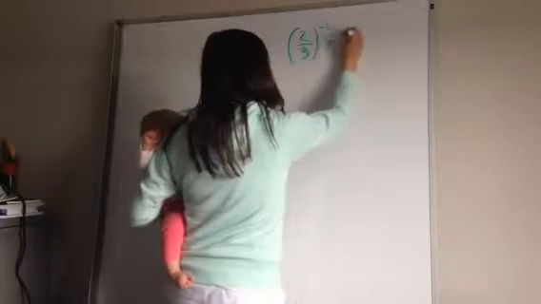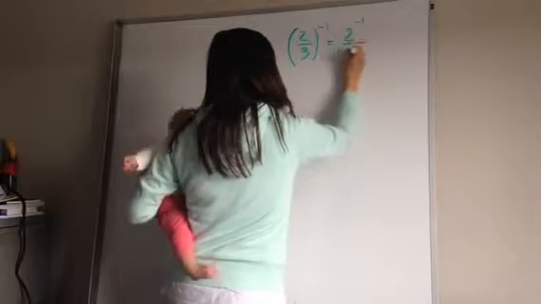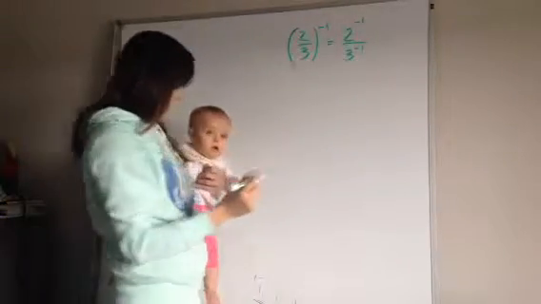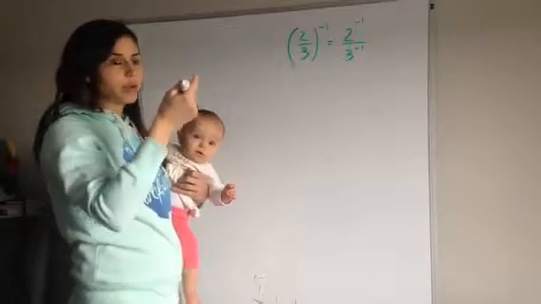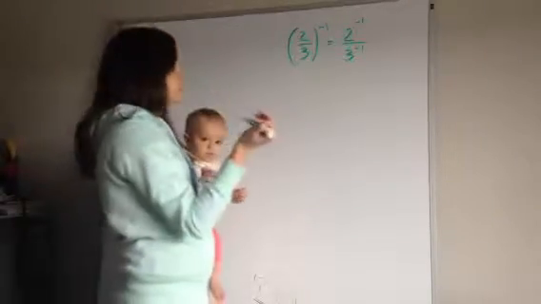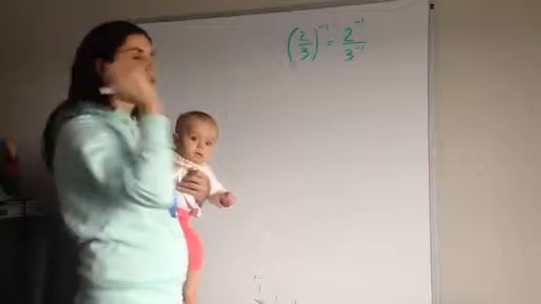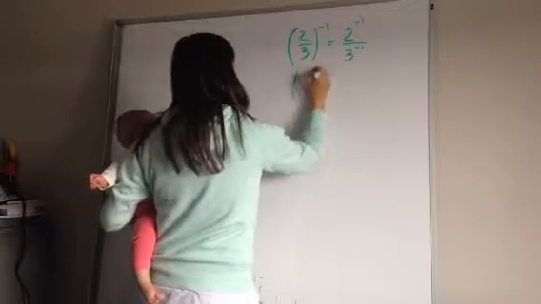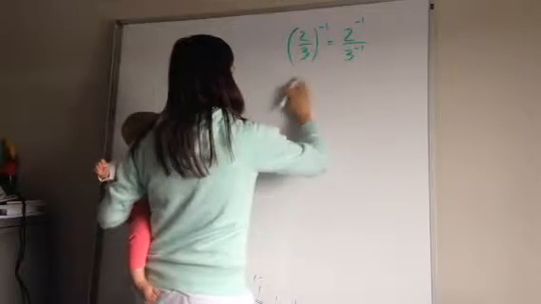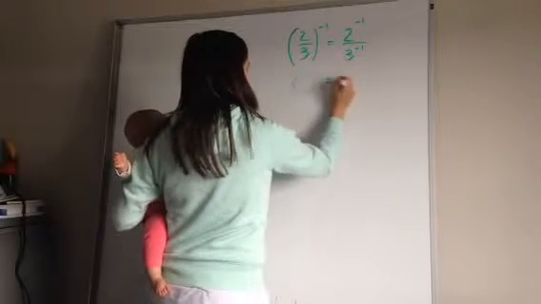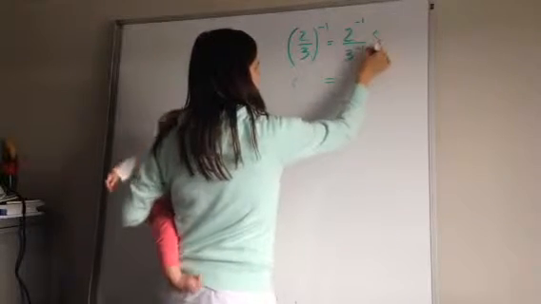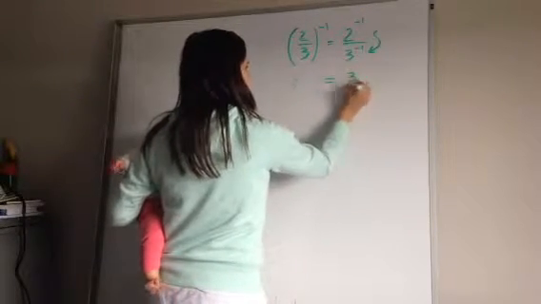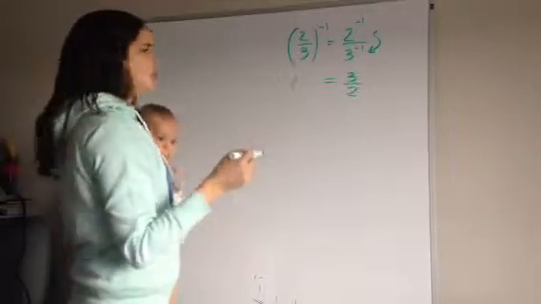So then you're going to get 2 to the -1 over 3 to the -1, which means that they're just going to both need to switch positions. So if I have 2/3 to the -1, really that's just going to make these flip. So that's going to be 3 over 2. And that's going to be the case for anything.